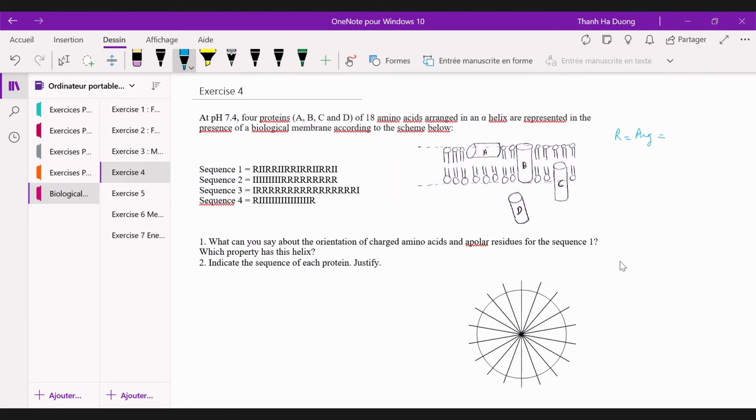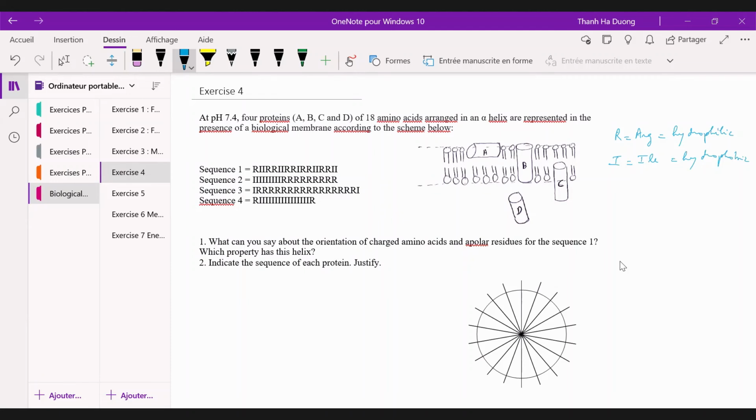It's polar, hydrophilic, because it is positively charged. Okay, and isoleucine is hydrophobic.